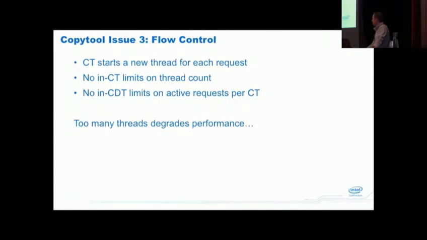Flow control, I think Henri mentioned as being a problem more generally in HSM. It's definitely a problem for copy tools. LHSM tool POSIX will just start a new thread for each request that it gets, and just run away if you let it.